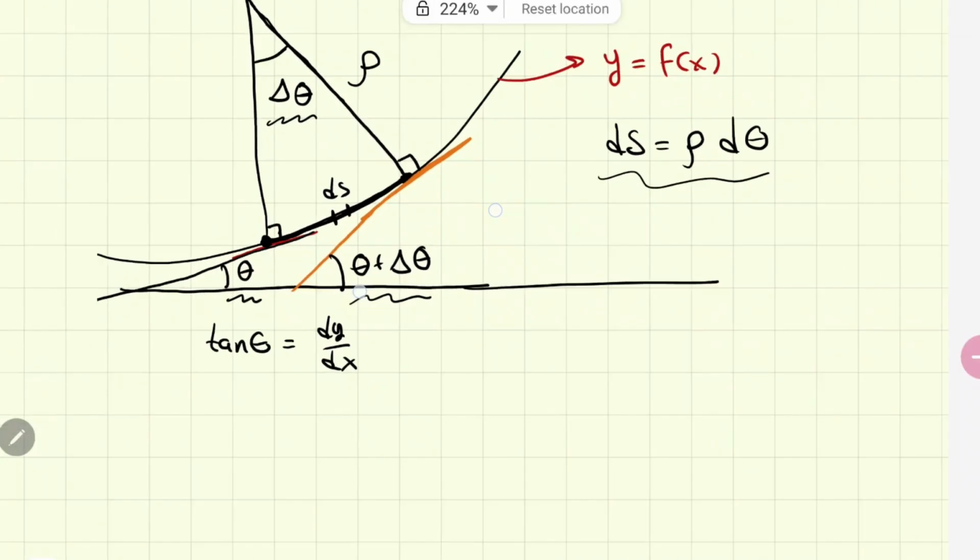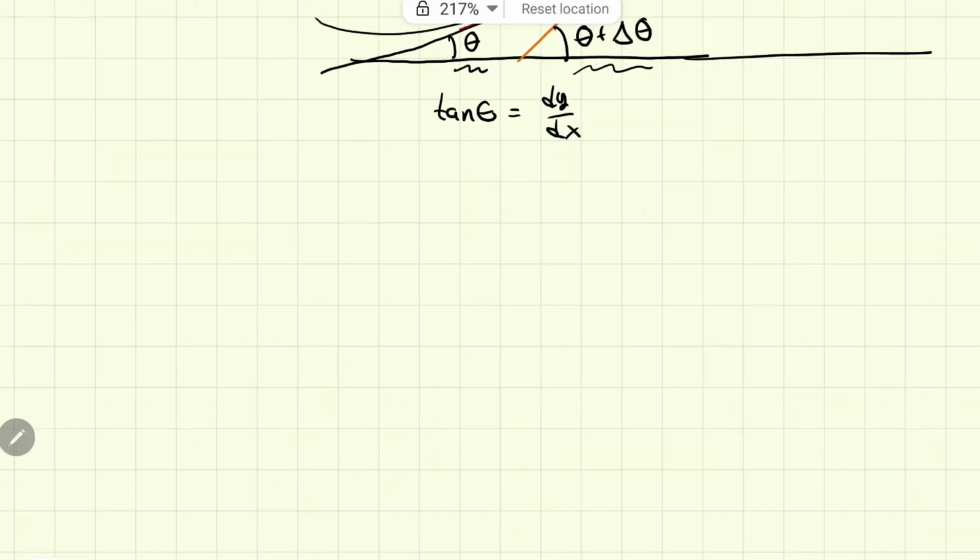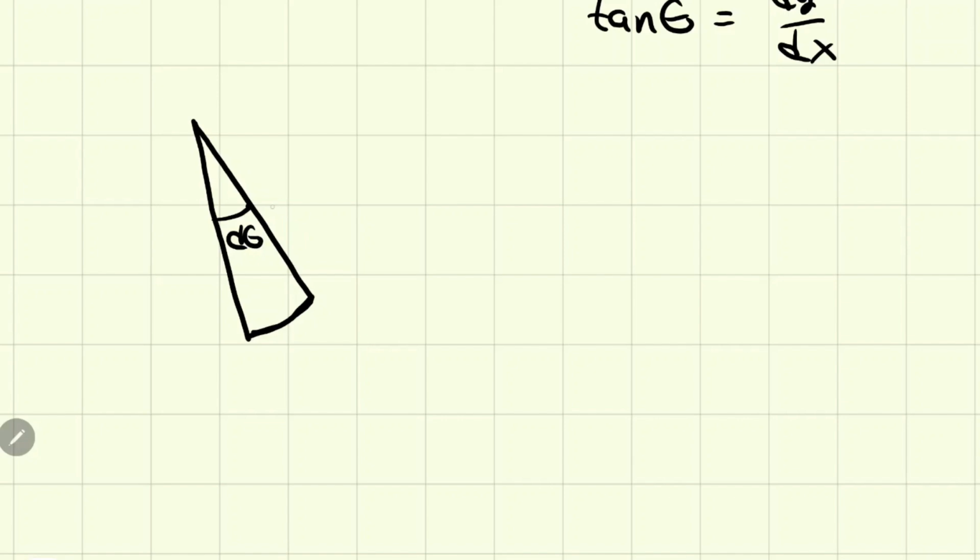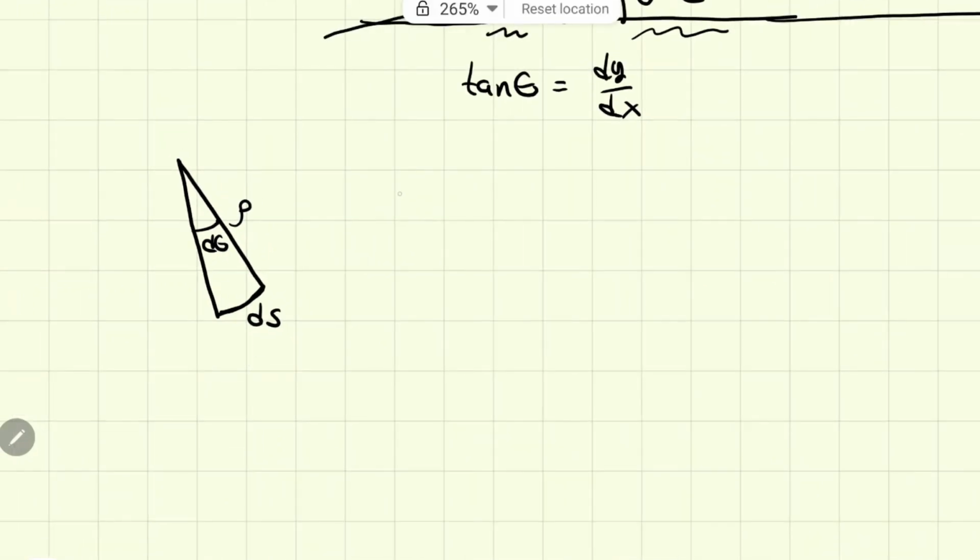So I can think maybe in a better drawing, in an infinitesimal way, to see this expression. Maybe this will be d theta, then this will be rho, and then this is ds. So we have that ds is equal to rho d theta.